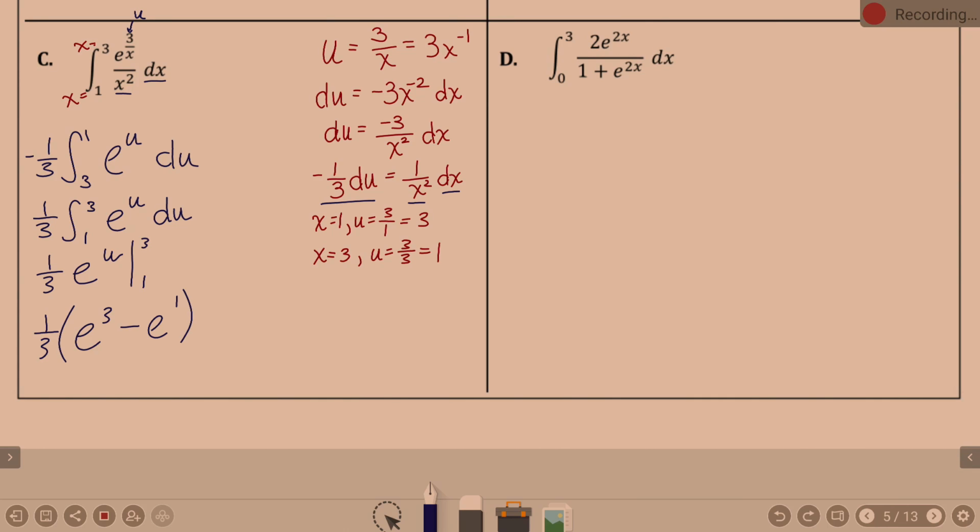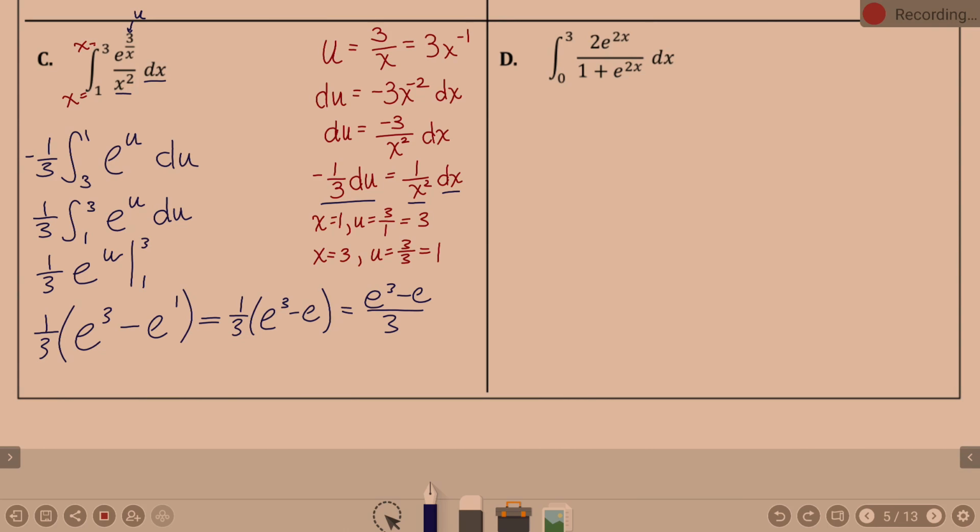e cubed minus e. Could you put the 1/3 on the bottom? Well, that's what I was looking to see. So, options: you could leave it as 1/3 times e to the 3rd minus e. Or e to the 3rd minus e, all over 3. Yes, that's good too. There's also something I want you to realize: there's a GCF here.